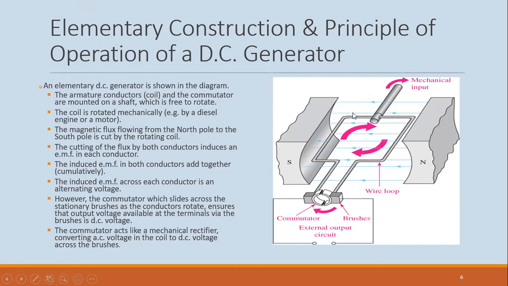All right, and then those induced EMFs add together to give you an output EMF at the terminals of the machine, right? Now, if a load is connected here, then a current will start to flow in the conductors also. But without any load connected, you have an induced EMF across the conductors, which is available at the terminals of the machine.